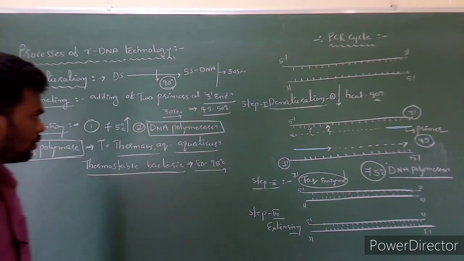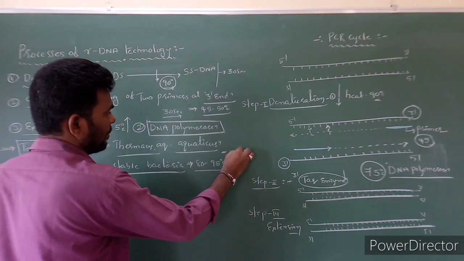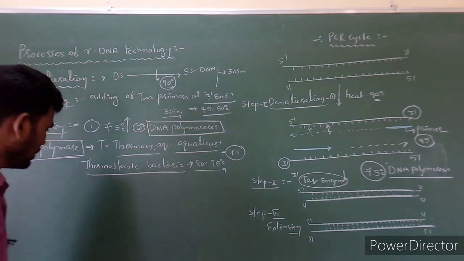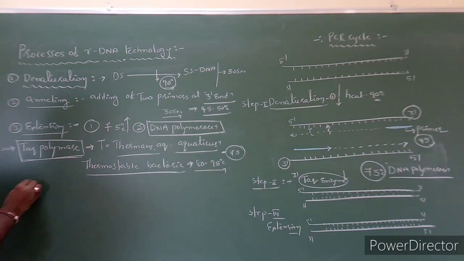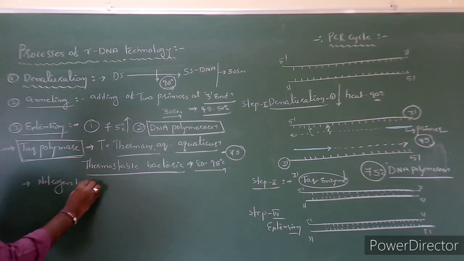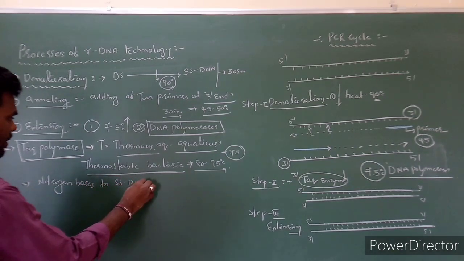Okay. Now what happened? The optimum temperature for this polymerization reaction is 75 degrees Celsius. Now this DNA polymerase enzyme is going to add the nitrogen bases to single stranded DNA.